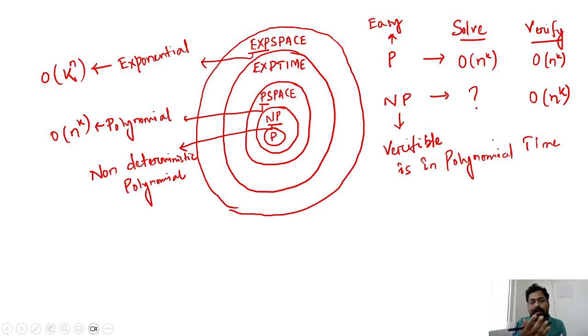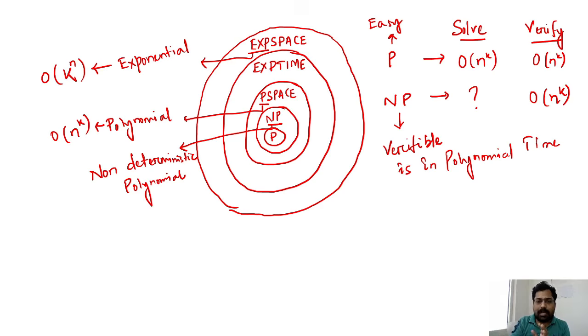If it is verified by polynomial time, we can say it is NP for us. Don't worry, I'll have a better example to give you an idea of how we can say it is NP or not. So first of all we should know it is verified by polynomial time, that's why we say it's NP for us.